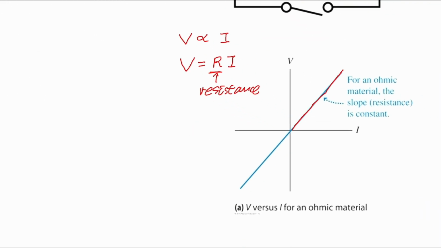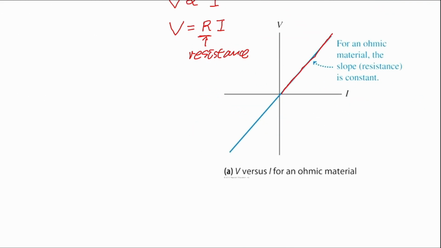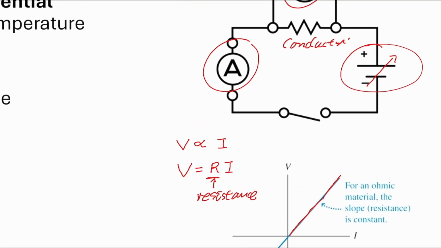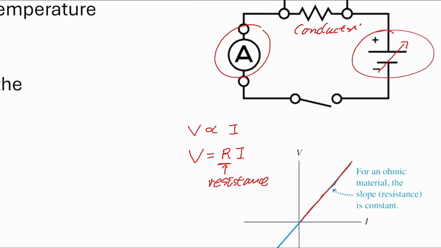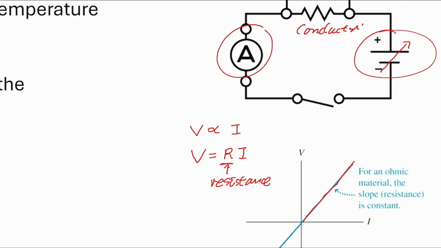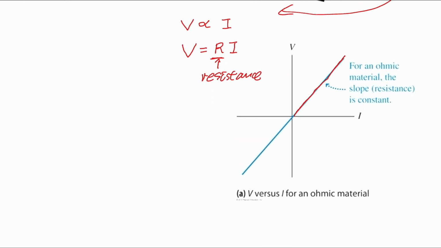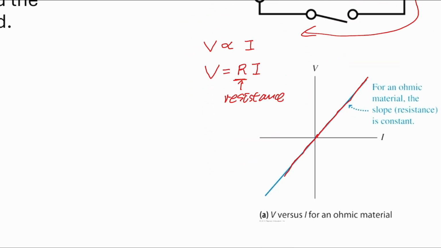This graph also shows if you reverse the current, it means if you change the polarity of the battery, make this one positive and make this one negative, the current will reverse and it still forms a linear relationship.